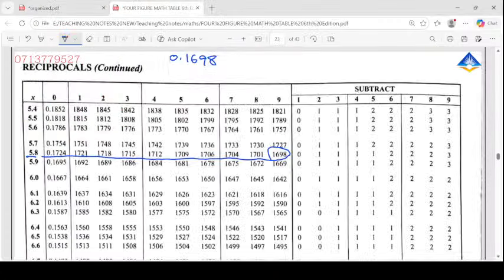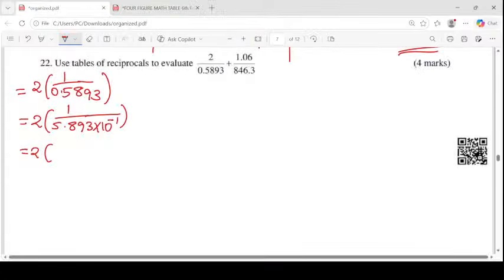It is 5.89, then 3. Along the same row to 3, you get 1. What are you told? Subtract 1. So this becomes 0.1697. So this becomes 0.1697 multiplied by the reciprocal of 10 power negative 1, which is 10. This will now become 2 into 1.697.